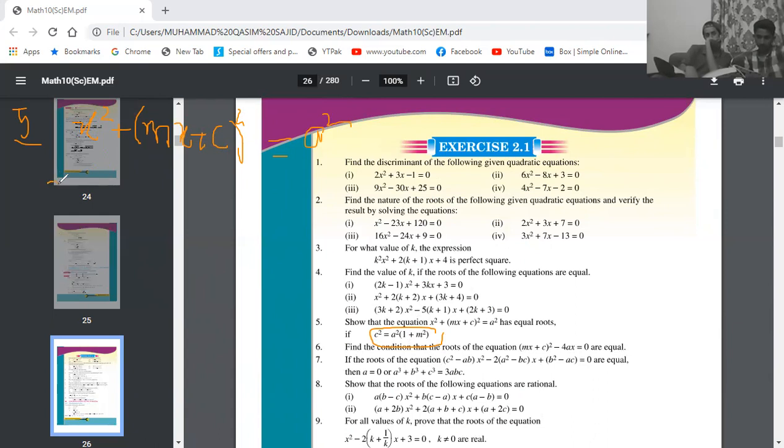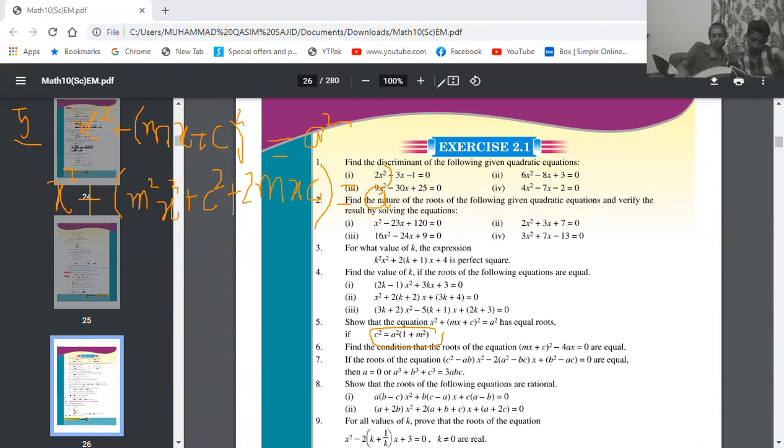Taking (a plus b) whole square, this must be x square, then m square x square, then c square, plus 2ab, so this must be 2mx into c, equals a square.